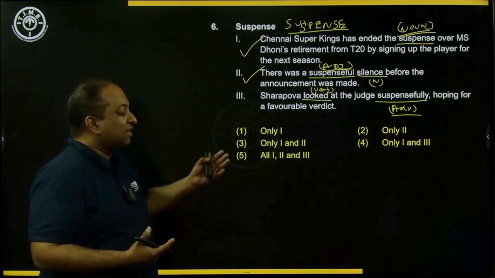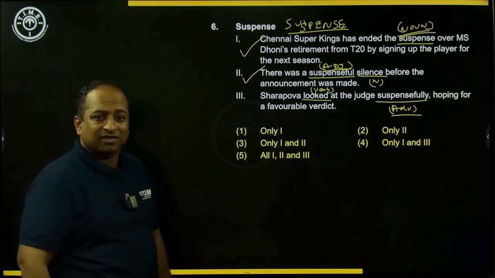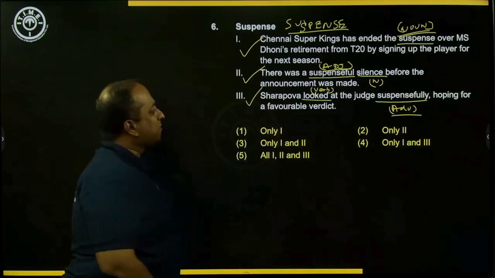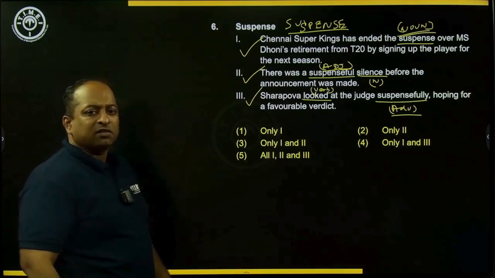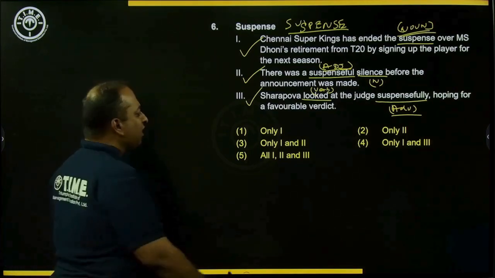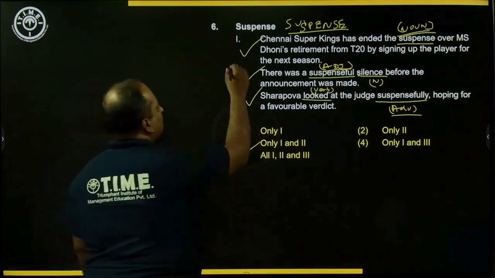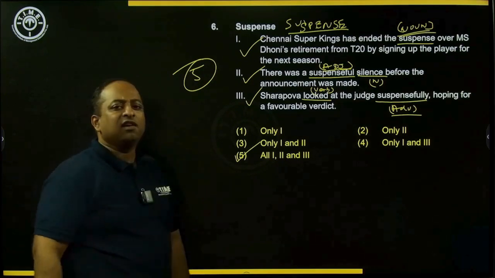You don't know what the judge is going to say, so you're anxious and tense. So in this statement also the word suspense is used correctly. So in all the three statements, the word suspense is used in the right way, both grammatically as well as meaningfully. Hence option 5 is the right answer. So the correct answer for question number 6 is option 5.